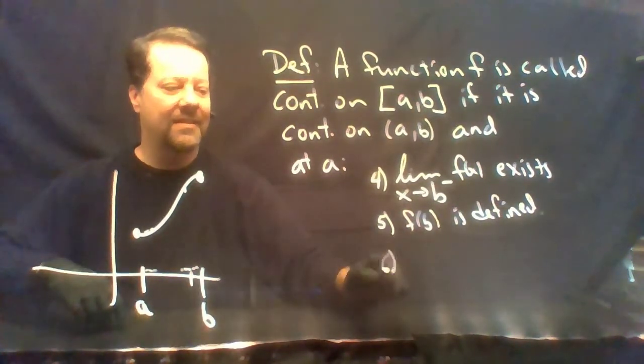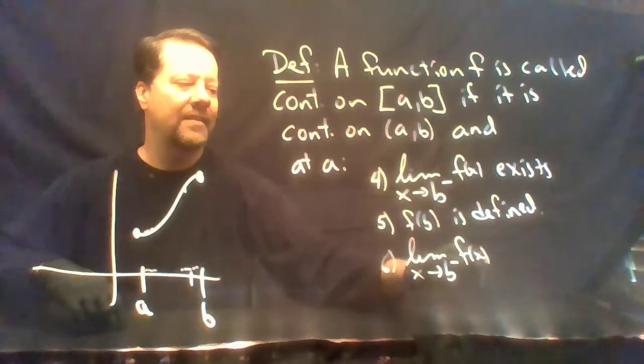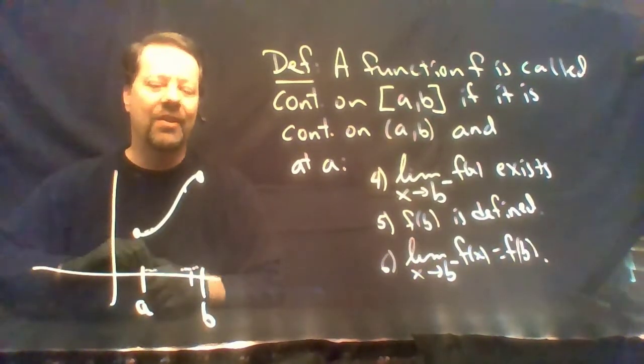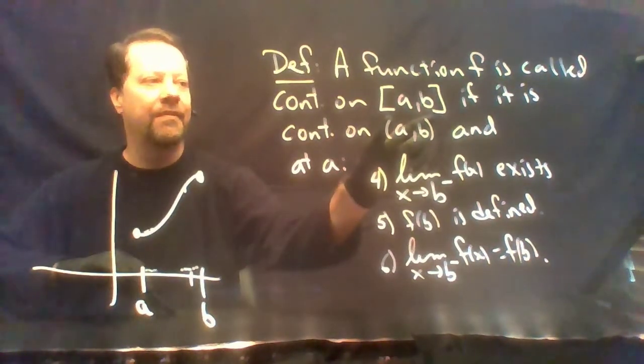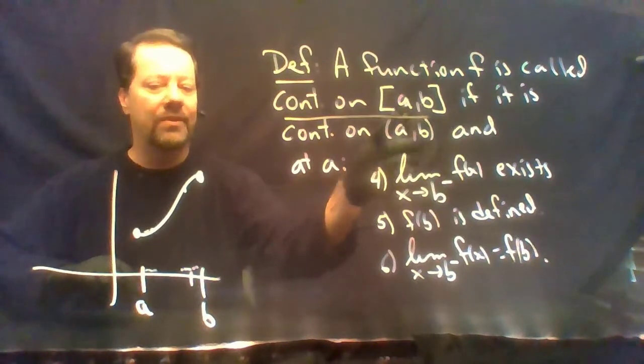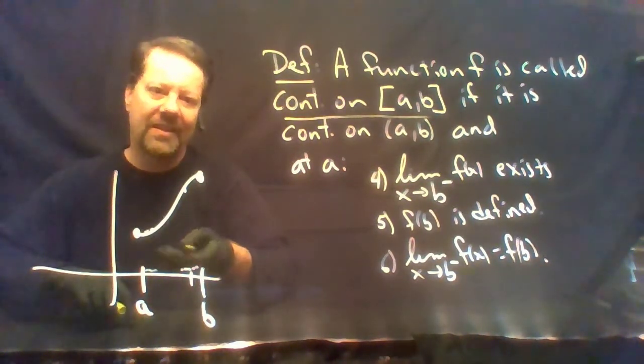And 6, the limit as x goes to b from the left of f of x equals f of b. So the only new innovation, if the interval that we are considering is closed, is that at the endpoints we have to use one-sided limits.